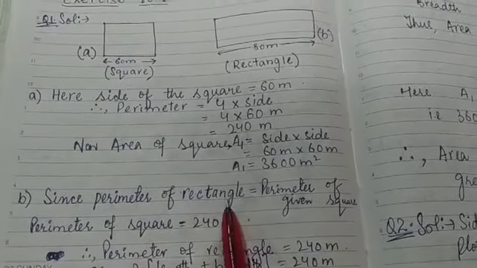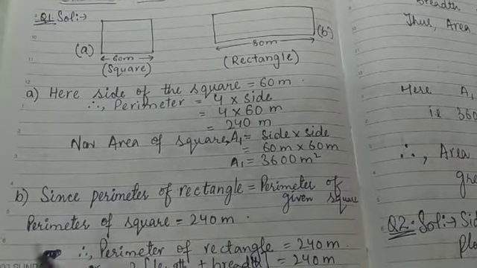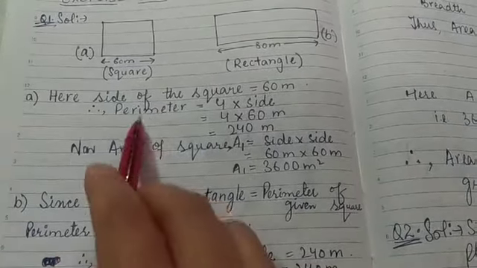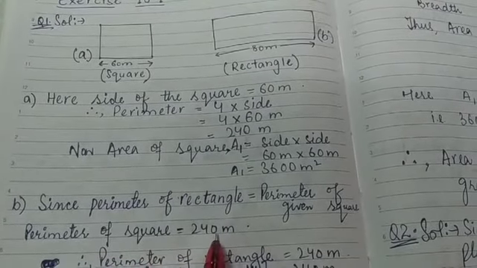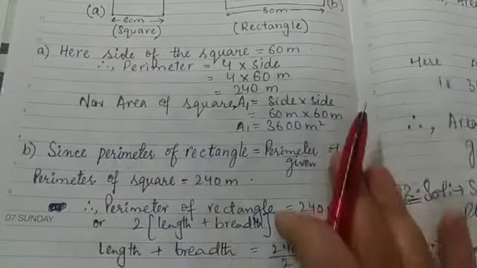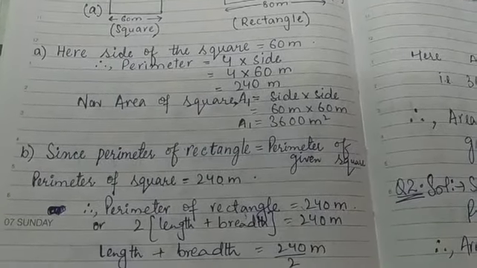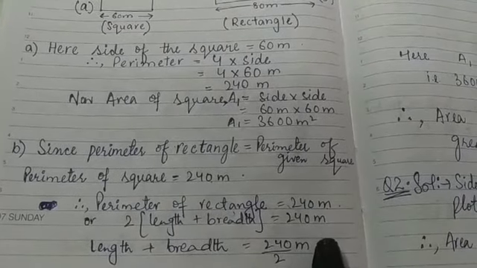Since the perimeter of rectangle is equal to the perimeter of the given square, because in the question it is given to us. ठीक है, so अगर perimeter of the square 240 meters है, that means the perimeter of the rectangle will also be 240 because it is given. Therefore the perimeter of rectangle is 240. But अगर हम formula use करें, that is 2 into (L plus B), that is length plus breadth equals 240.